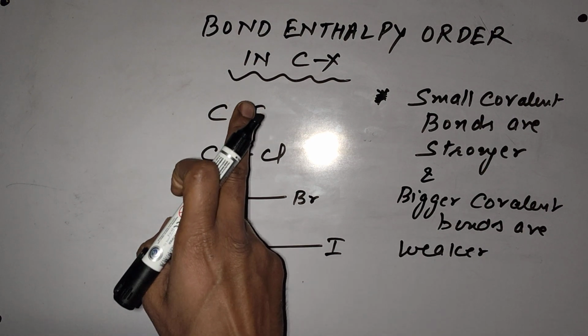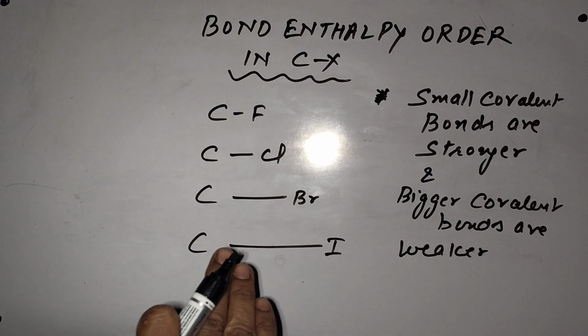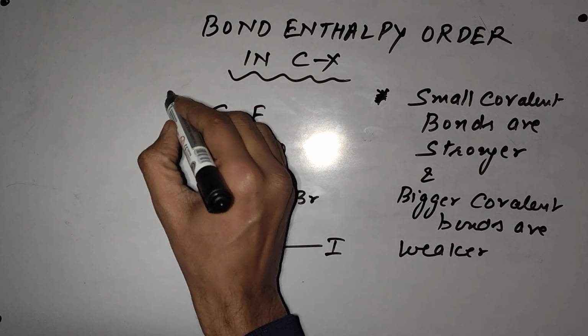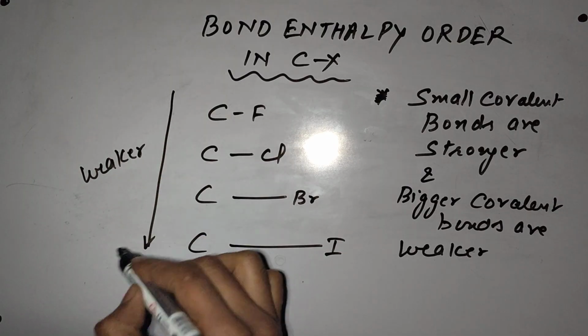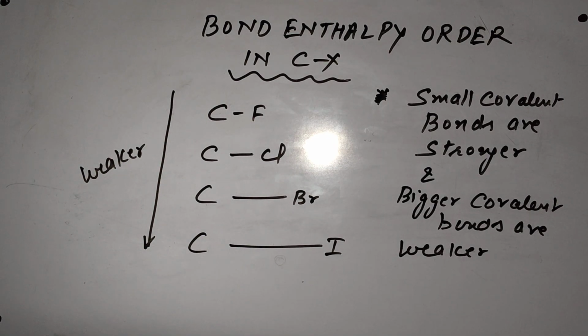So from fluorine to iodine, the C-X bond is getting weaker, top to bottom.